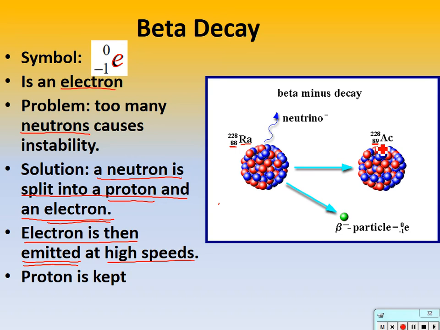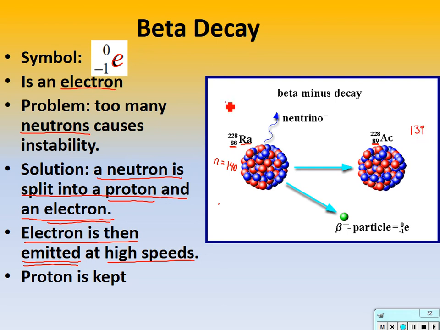Okay? Can somebody tell me how many neutrons would be found right here? You take 228 minus 88. What do you get? 140. That one had 140. How many neutrons over here? 139.